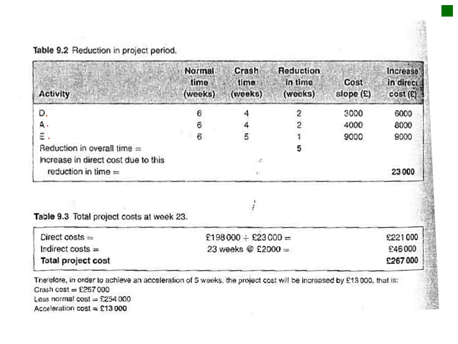Okay, so your scenario is what I've basically sketched: we're going to look at items D, A, and E. Normal times is 6 weeks. Our crash time is 4 weeks and 5 weeks. But the reduction in time that we need is 2 weeks, 2 weeks, 1 week, like I highlighted in the previous one. So the cost slope is 3,000, 4,000, and 9,000.